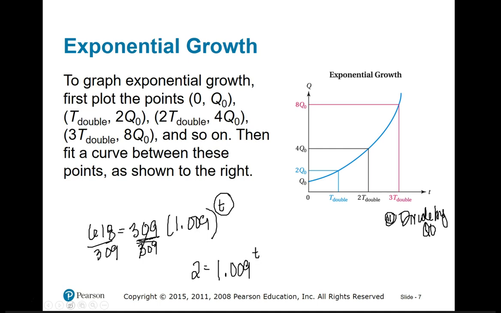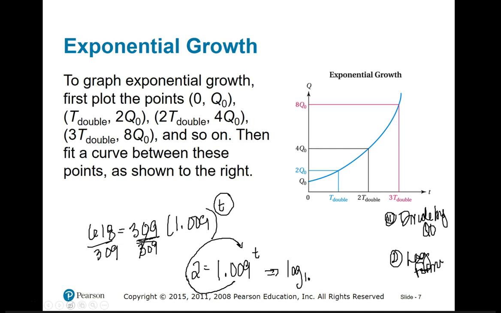And here comes the weird part. You're going to rewrite this using a log. We're going to put this in log form. To change to log form, you're going to start at the base. You're going to go outside to the answer and back around to the exponent. And it's going to look like this.